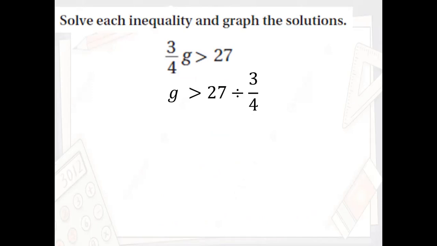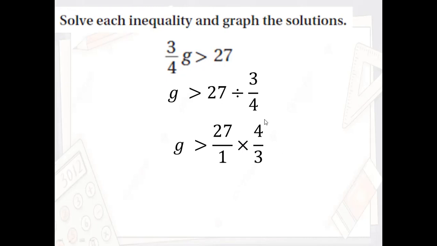Now you know that during division of fractions, we follow KCF. We keep the numerator as 1 for 27. KCF means keep the first number the same, change the sign, divide becomes multiply, and flip the fraction.